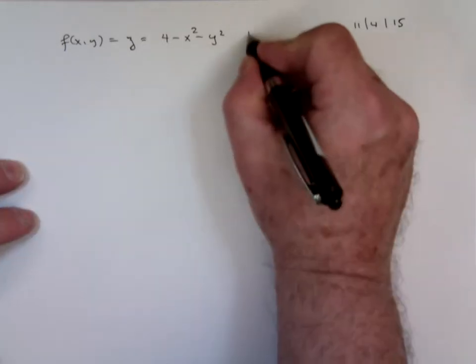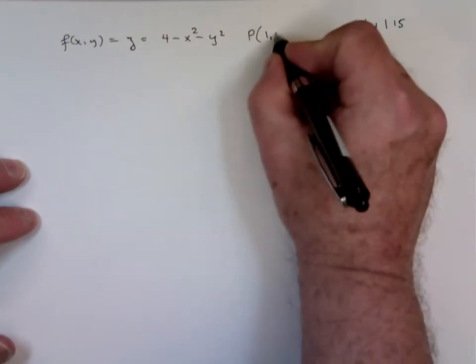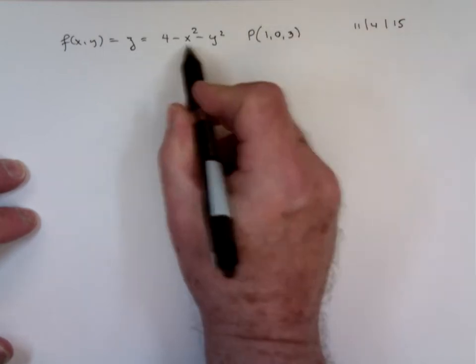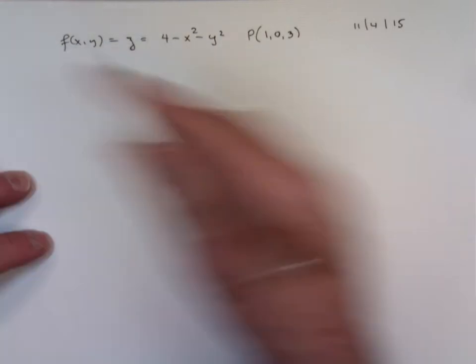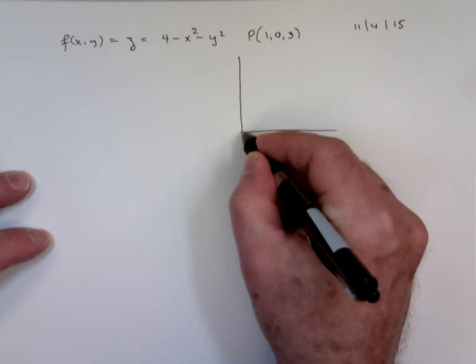We've got a point, and the point we took was (1, 0, 3). Z would be 3. So this gave us that paraboloid coming downward. Let me attempt to draw this.